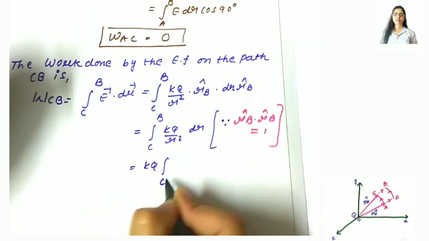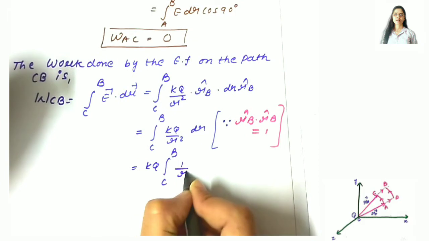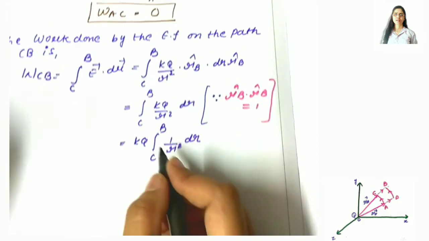KQ is constant, so it equals KQ times the integration from C to B of 1 upon R square into dr.